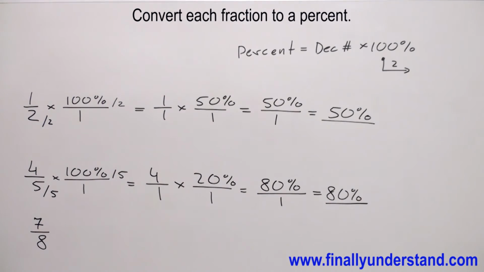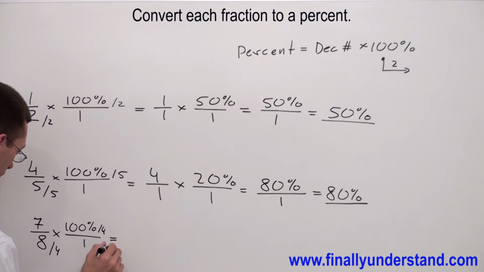Let's check another example. I have 7 over 8. Again, anytime you want to convert a fraction to a percent, you have to multiply that fraction by 100% over 1. Now, please notice that 8 and 100, both of them are divisible by 4.